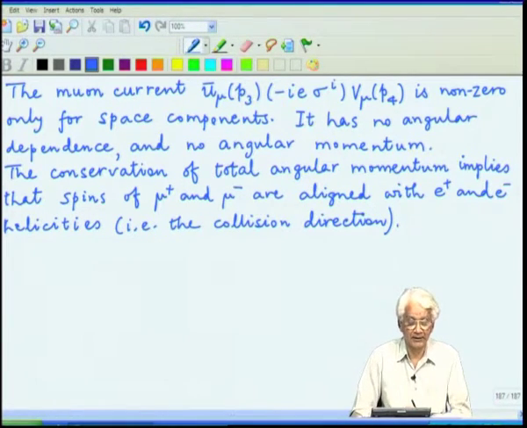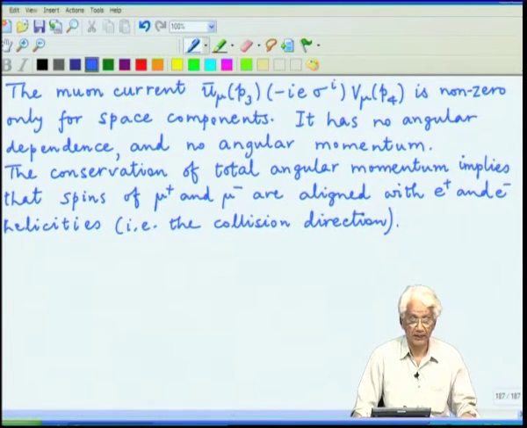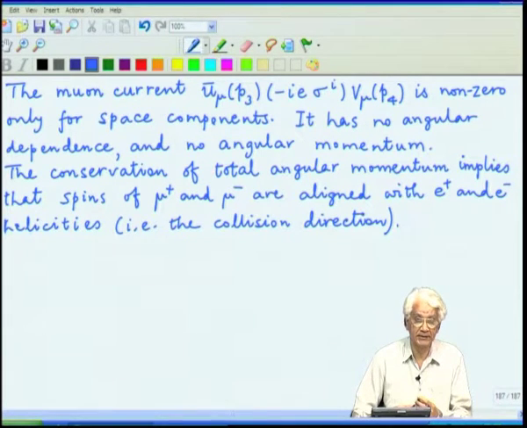So, this is the result in the non-relativistic case. One can work out the details in a simple manner. We can work out some more details in the non-relativistic case.